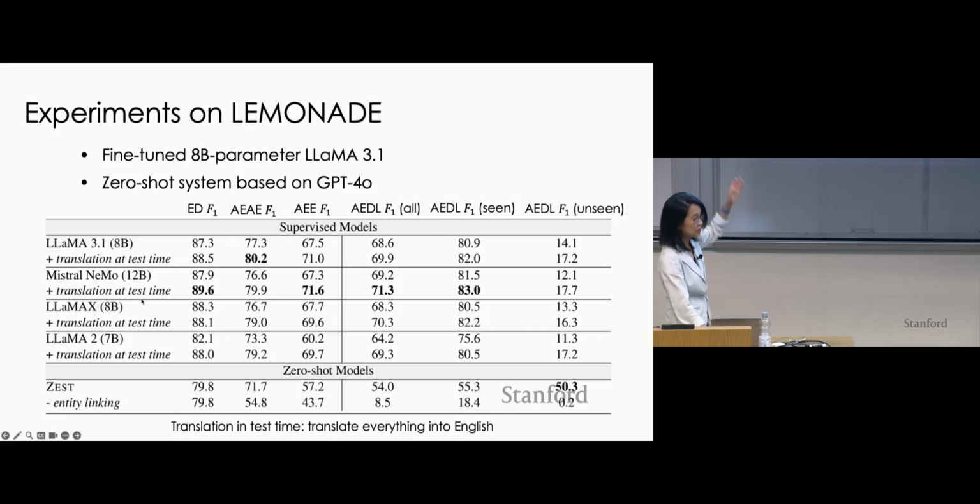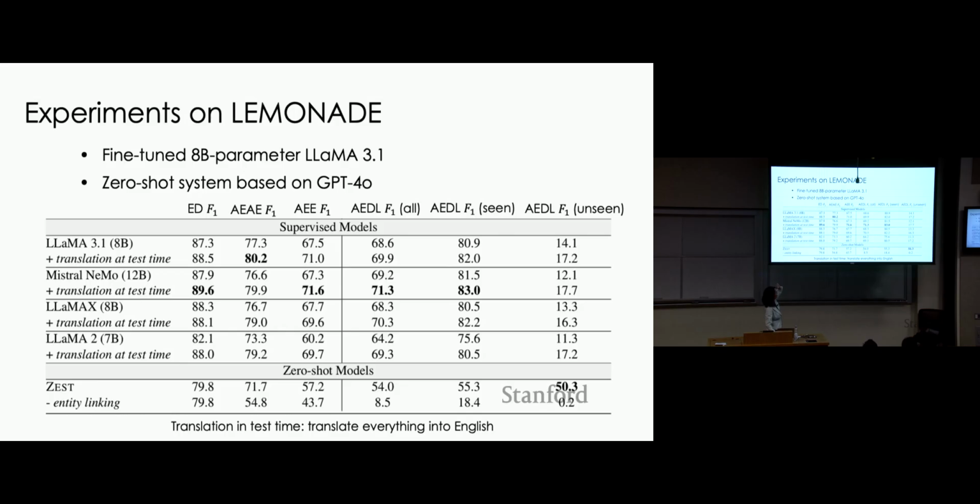We already talked about the event detection problem. Let's look at the arguments. The first row here is that you are given the right event already. And we are now at around 80%, a little bit lower without the translation. And for Zest, which is zero shot, we are at 70%, okay?